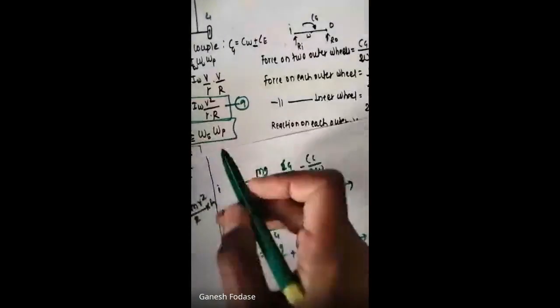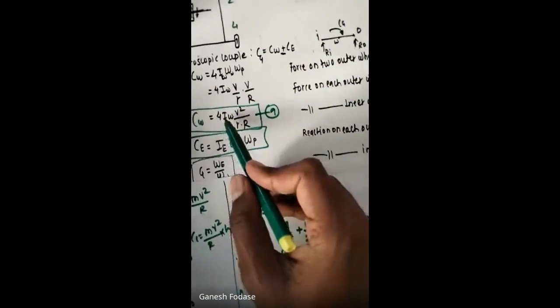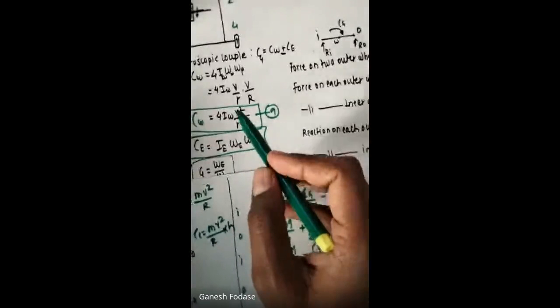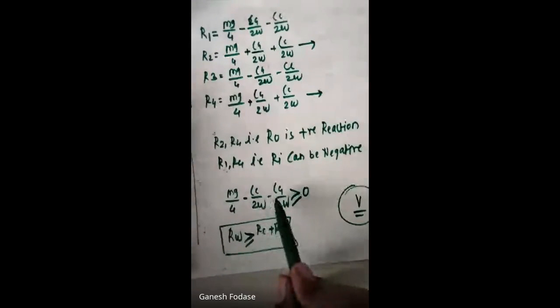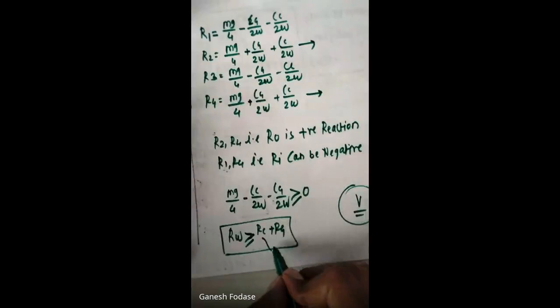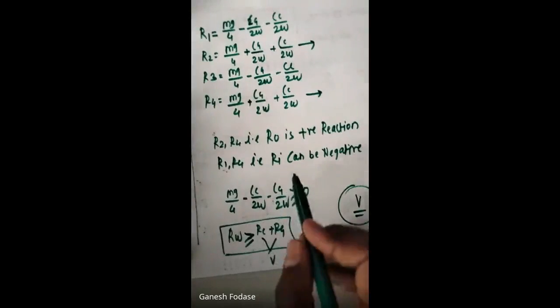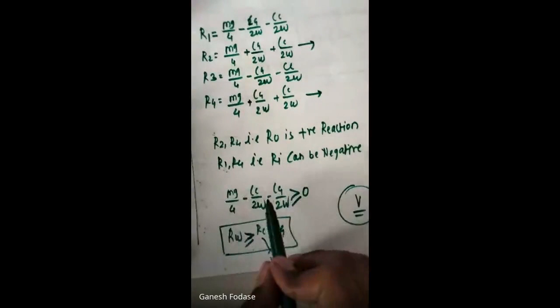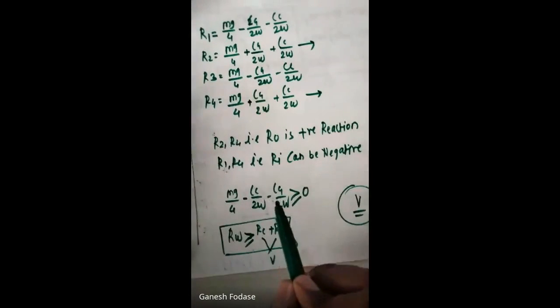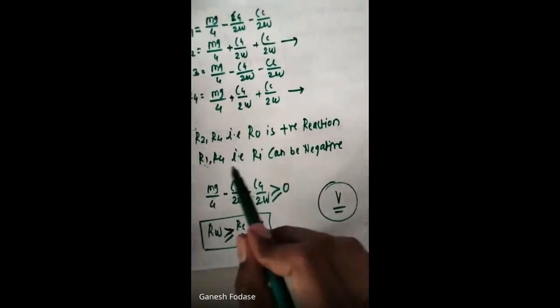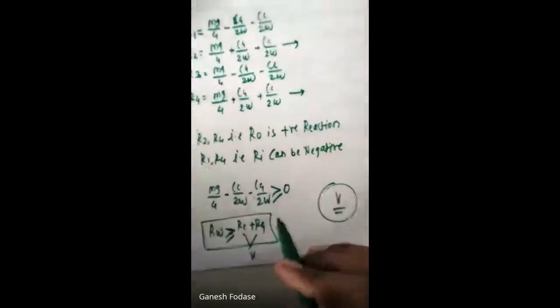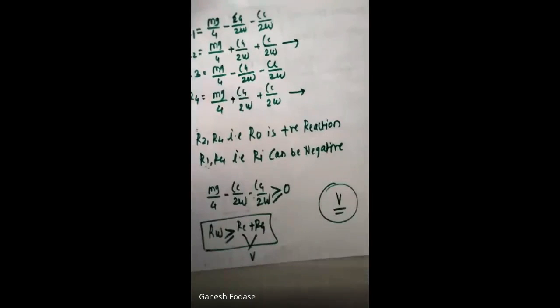What is Cg? We found it here: Cg is I omega into V square by r. So here Cg and Cc are in terms of V. So these two terms are in terms of V. As we use this condition, the unknown is V. This mg, all we get in terms of V. So as the unknown is only V, by using this condition we can find out the limiting speed of the vehicle to avoid overturning or the lifting of the wheels.